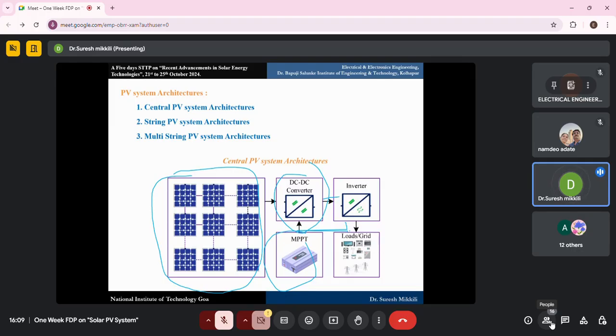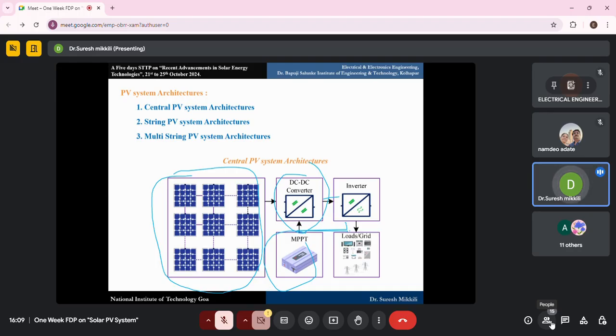But if you have a multiplex building, like a 5-story shopping complex, then a huge amount of panels will be there. Up to 5 kilowatt to 50 kilowatt, no issues. But if you are generating more than that, central architecture is not suitable for high ratings.